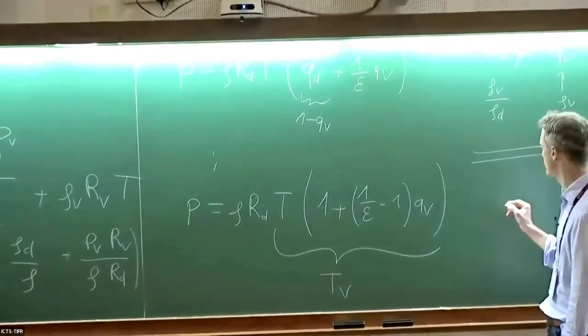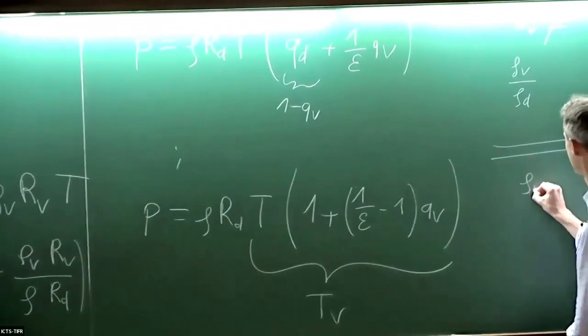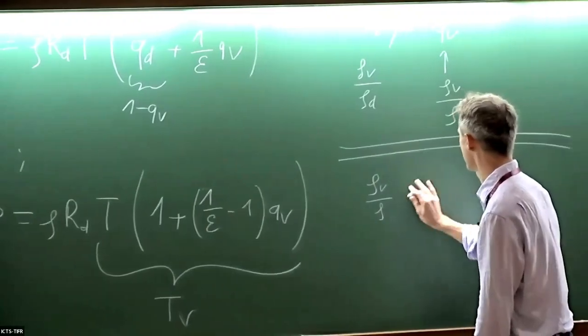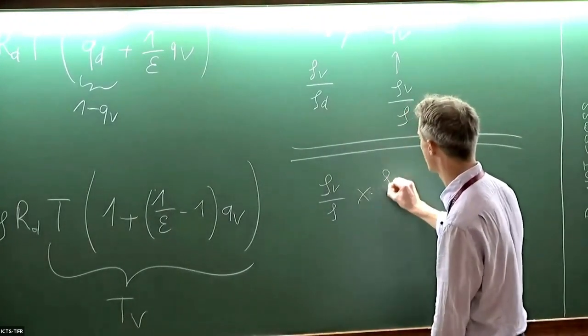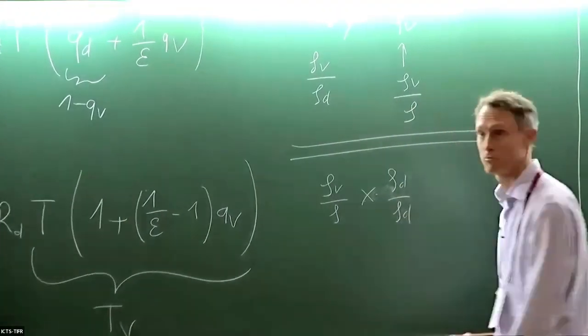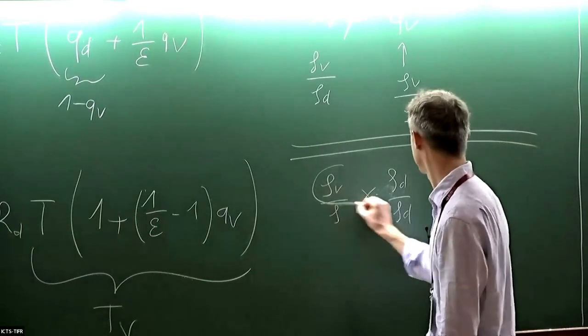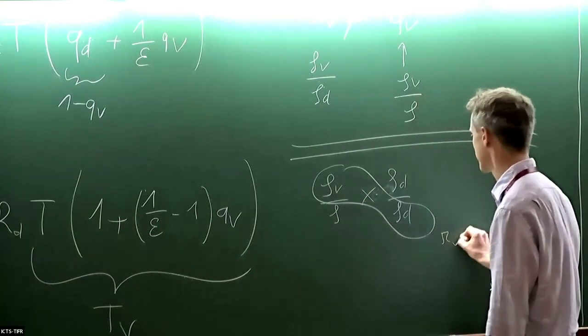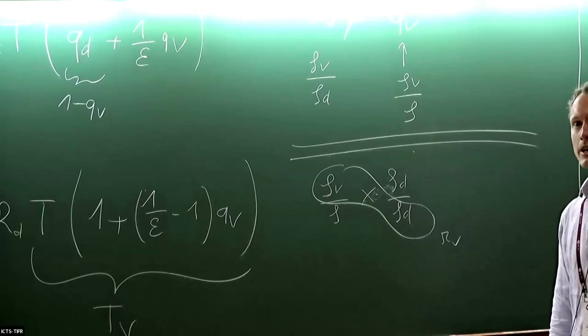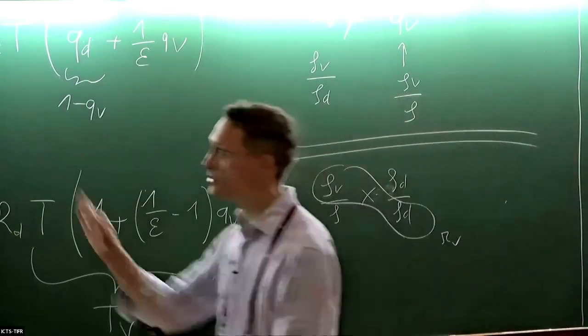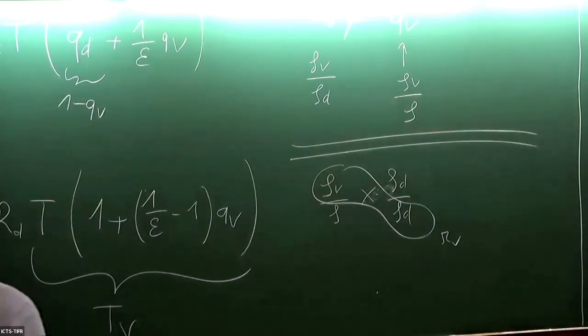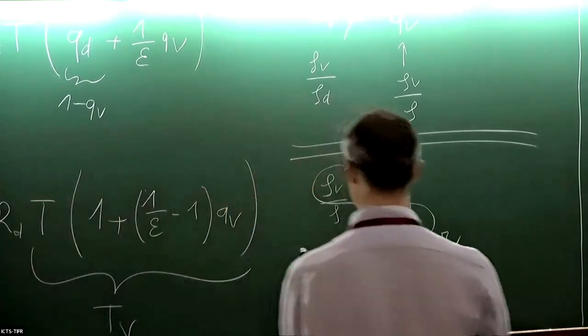So I'm not going to do it, but let's say as soon as you see rho_v divided by rho, you're going to say, okay, I multiply by rho_d divided by rho_d. It's painless to multiply by 1, it's fine. And here you have the mixing ratio. And if you do that clearly, then you can actually have the serious definition of virtual temperature. But I'm not going to do it today.